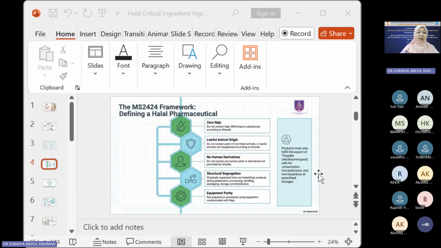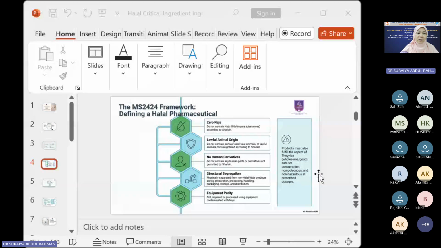By definition, what are halal pharmaceuticals? In Malaysia, they have launched the Malaysian Standard MS2424, which lays out the requirements if you want to apply for halal certification for halal pharmaceuticals. Under this national standard MS2424, halal pharmaceuticals are defined as pharmaceutical products which do not contain any impurities or najis, as we call it in Arabic.